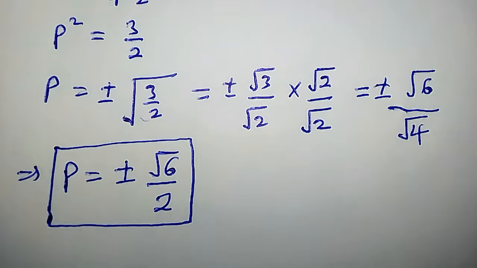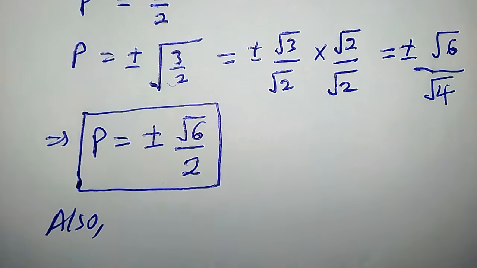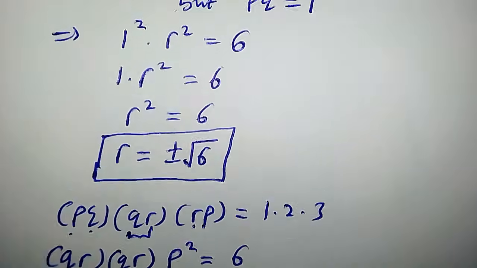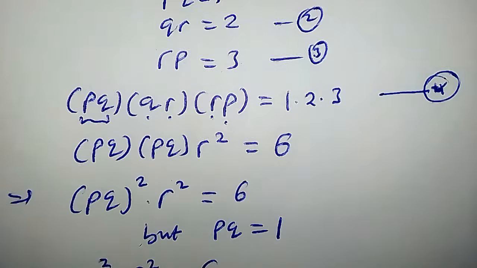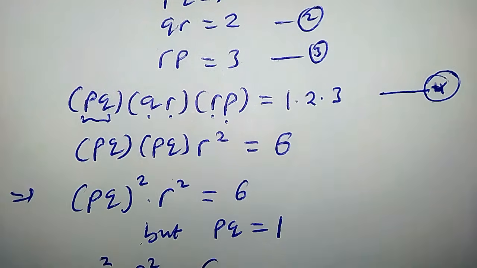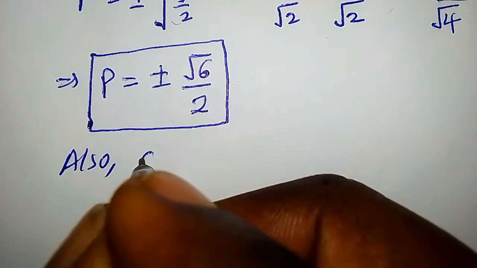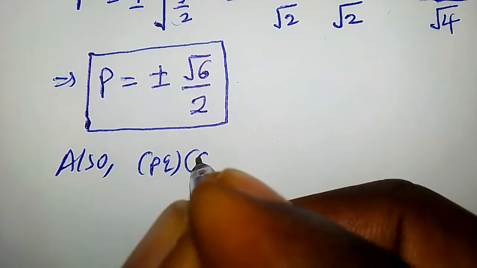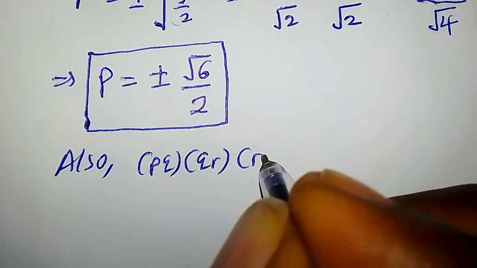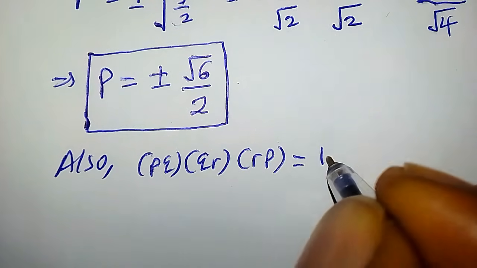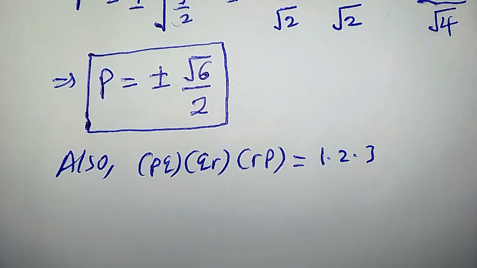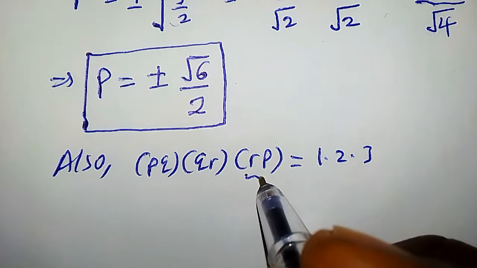Take note of it. Also, back to equation star again. This equation, PQ times QR times RP equal to 1 times 2 times 3. At this stage, we have to fix RP.